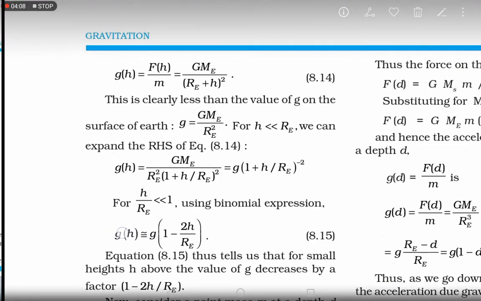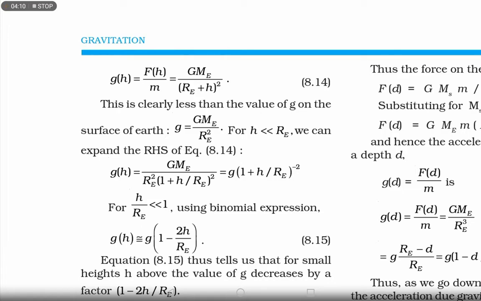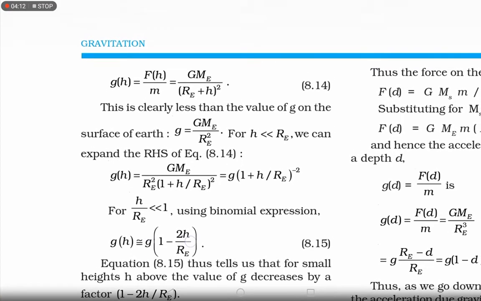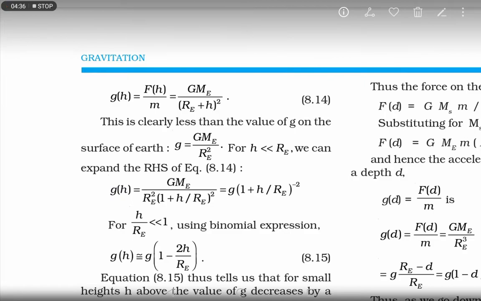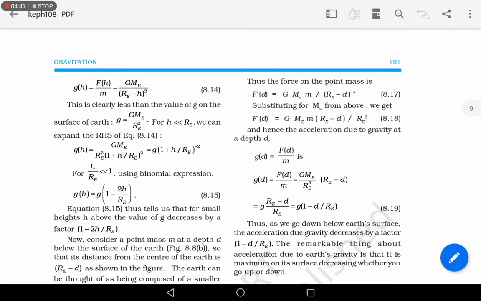You cannot use the formula g(h) approximately equal to g into (1 minus 2h by Re), because this formula is applicable only when height is negligible when compared to the radius of the earth. When the height becomes comparable with the radius of the earth, like half the radius of the earth, one third the radius of the earth, or twice the radius of the earth, it's usually advisable to use the formula g(h) is equal to g into (1 plus h by Re) the whole power minus 2.